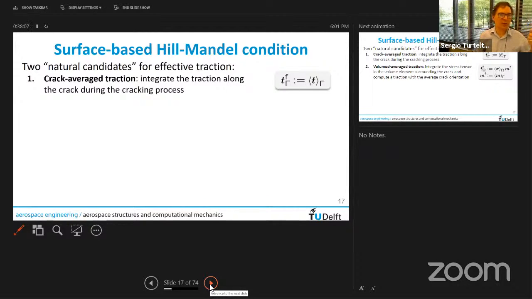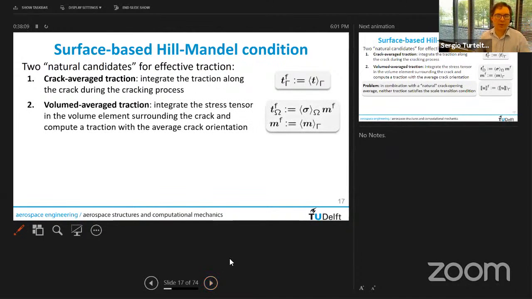I need a stress tensor and I need a normal. And then I could take the average normal. This is the average orientation of the crack. And then for the stress, I could take the average stress, but this one is not only on the crack, but also on the surrounding material. I could take the volume average and then this tensor acting on this orientation gives me another definition of a traction. So we have these two distinct definitions of tractions.